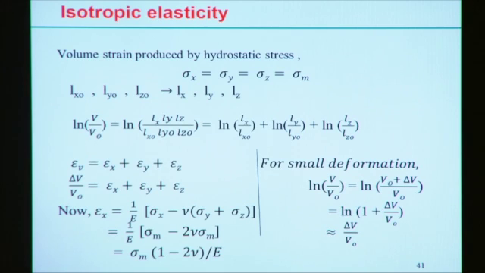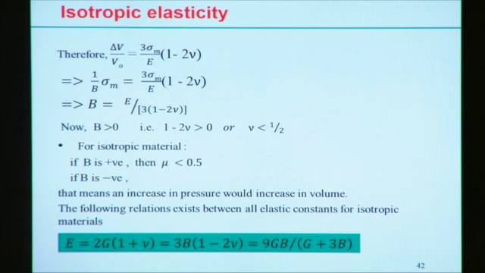Now epsilon x can also be represented in terms of sigma x, sigma y, sigma z and nu, and if we replace sigma x, sigma y and sigma z by the mean stress value, we can find epsilon x in terms of mean stress, Poisson's ratio and Young's modulus.